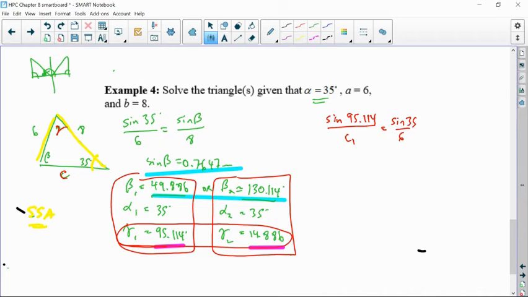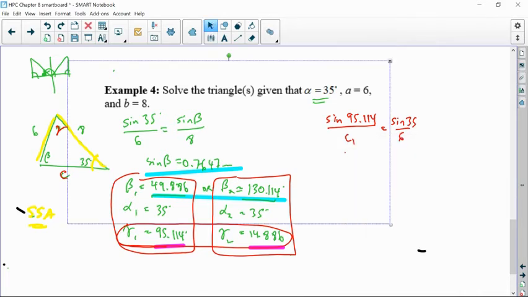Cross multiply, so 6 times sine of 95.114 divided by sine of 35. So C1 is equal to 10.419.